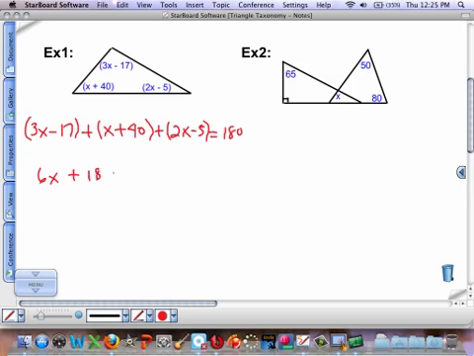Yes. 6x plus 18 is equal to 180. Okay, now what? Subtract 18. All right, so 6x is 162. Now what? Divide. X is 27.